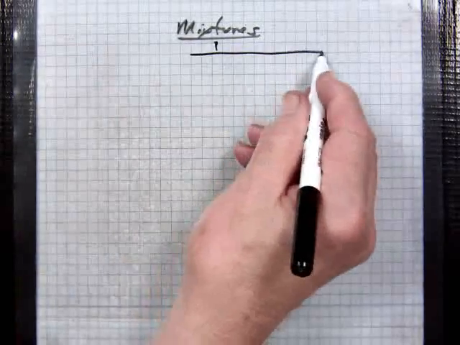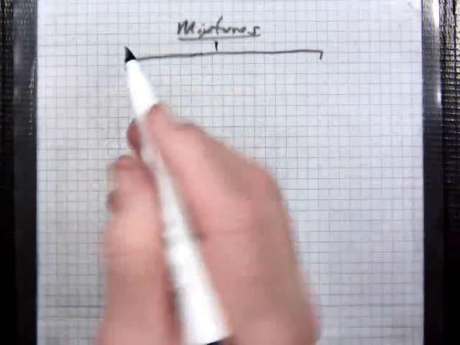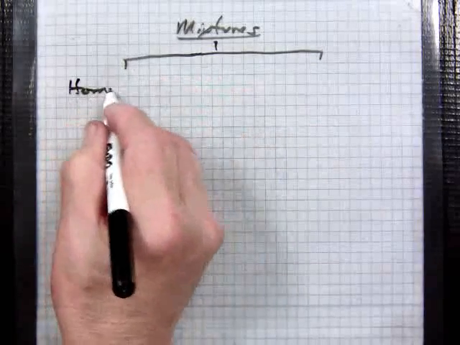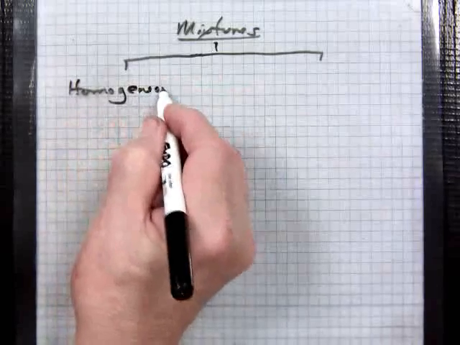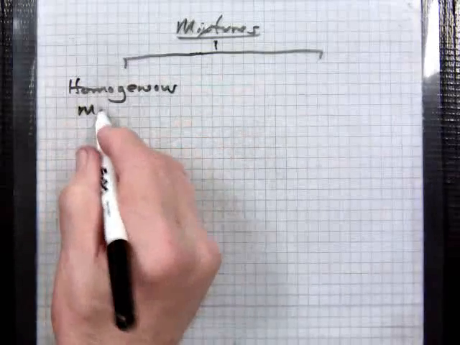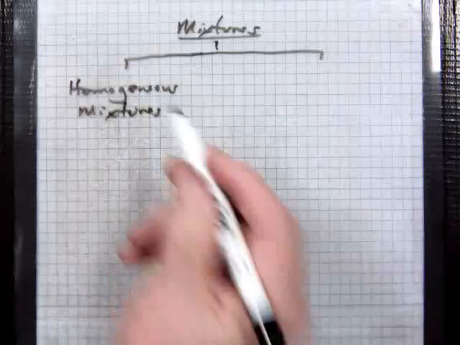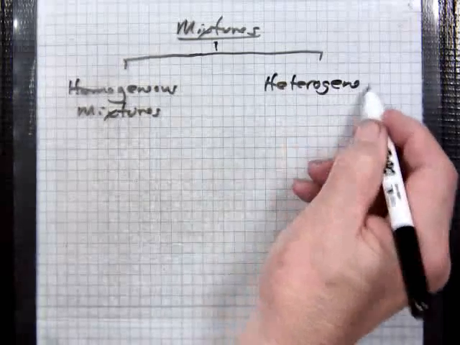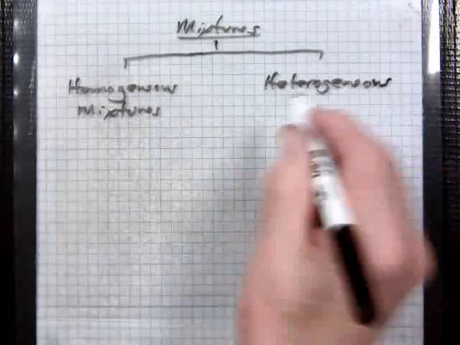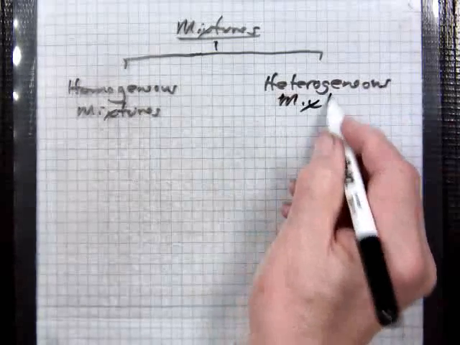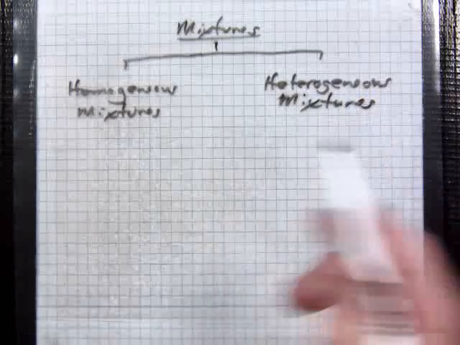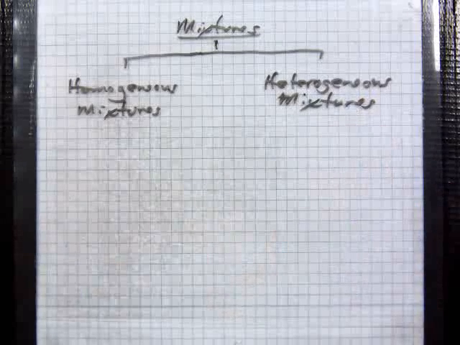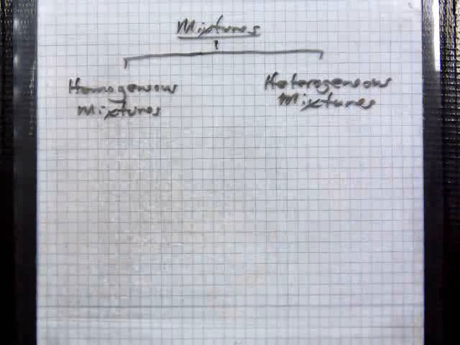Mixtures are in themselves divided into two areas: homogeneous mixtures and heterogeneous. Now, both are prepared physically in that you are mixing components that do not change their chemical makeup.